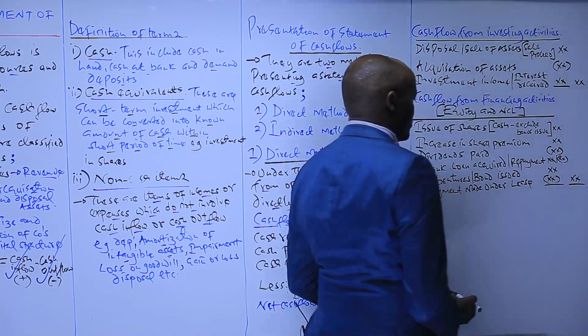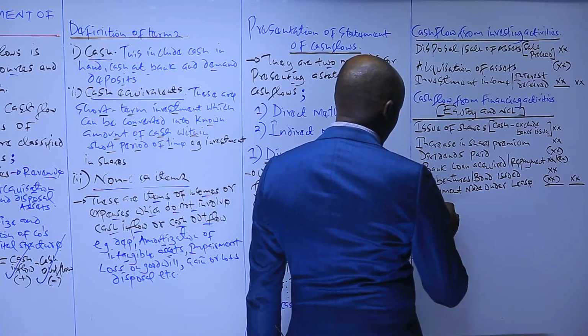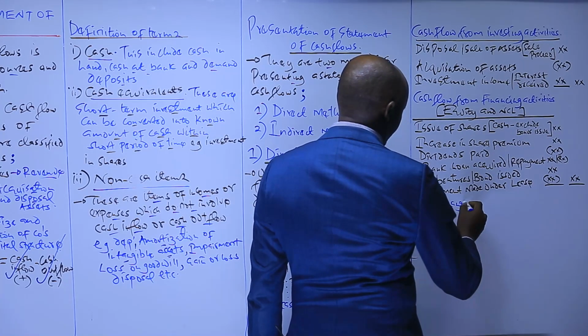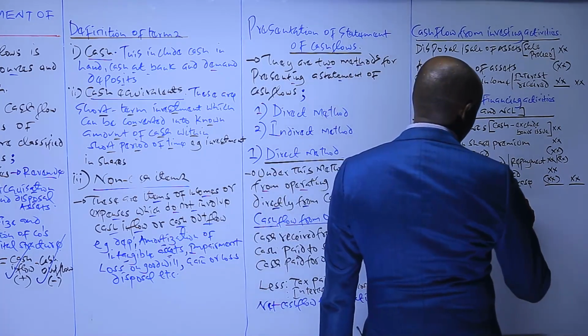We take it to the last column. And then here we get something called the net changes in cash and cash equivalents.